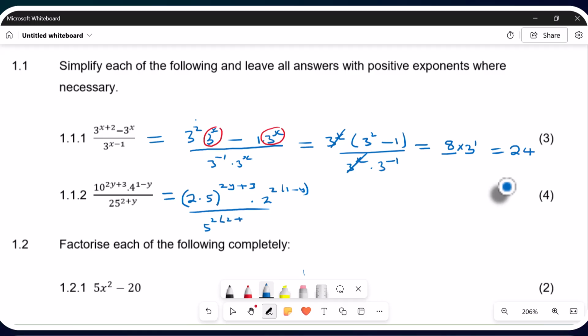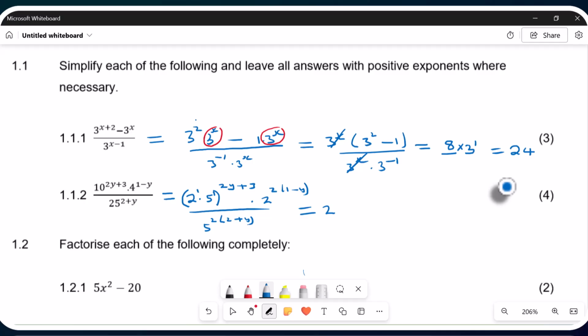So I'm going to split, having 2 to the power 2y plus 3, and then dot 5, also to the power 2y plus 3, because they all came from 10, which was to the power 2y plus 3. That's fine with you?